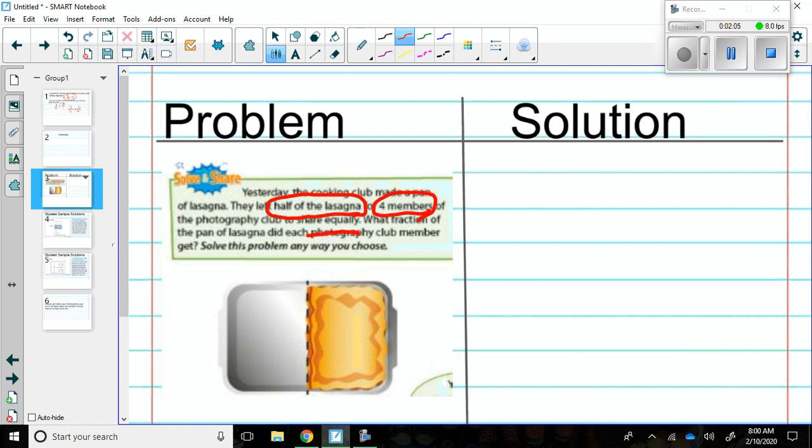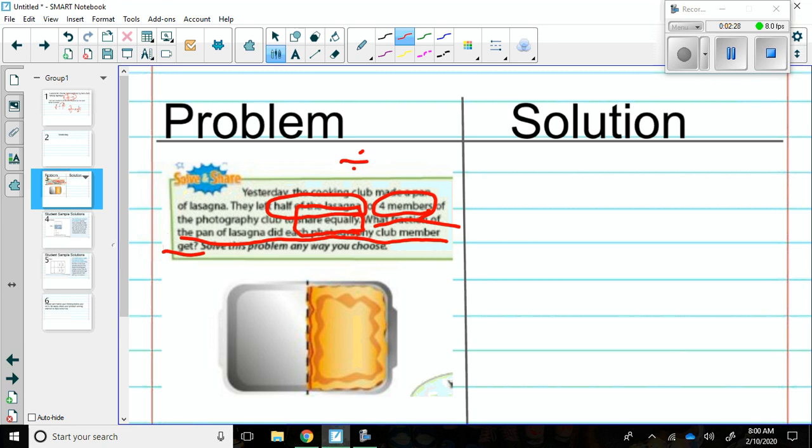I'm going to box share equally because that is one of those keywords, ding, ding, ding, that we're going to need to be dividing. Then it says, what fraction of the pan of lasagna, so we're going to underline that, did each of the photography club members get? And so solve this problem any way you choose.